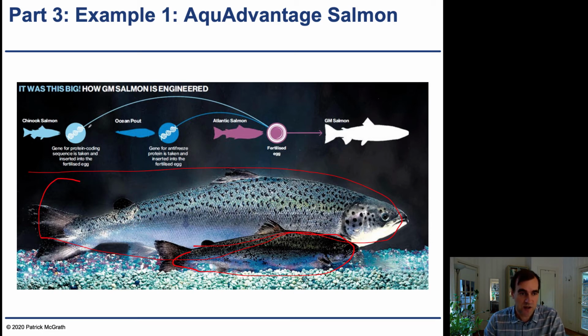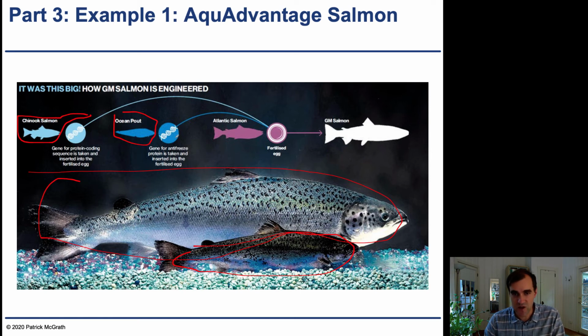But instead, what they did is they found two important genes that were identified from other fish. These are completely different fish species. One of them is the Chinook salmon and the other is the ocean pout. One of these contains a gene that causes the animals to grow faster, and another one contains a gene that allows the fish to survive in colder environments.